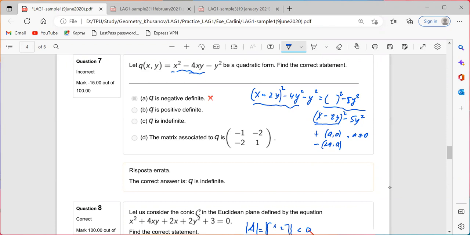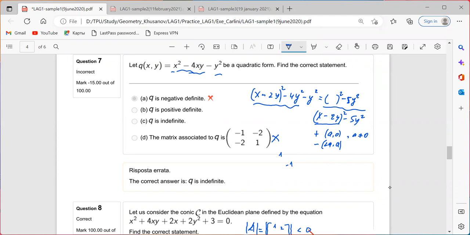But now, just for exercise, we can consider what the matrix of this quadratic form will be. The matrix will not be this one. Why? Because how can we construct this matrix? It will have 1 and minus 1 on the diagonal, the coefficients of x square and y square.